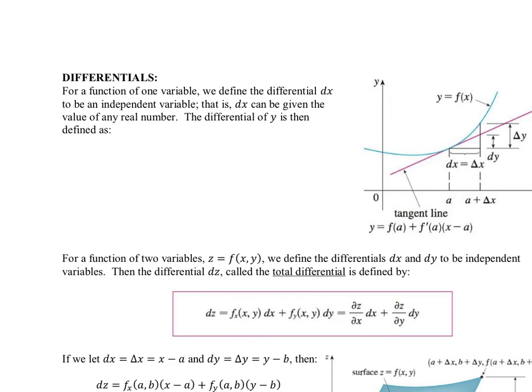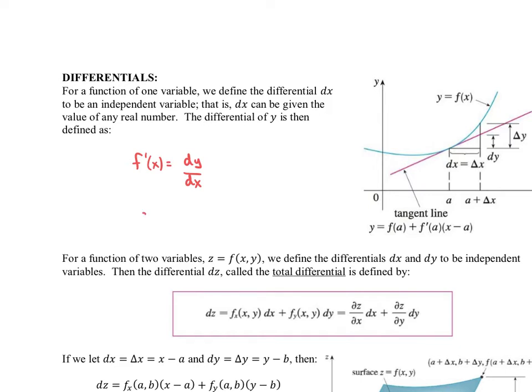Thinking back to single variable calculus, we talked about how our derivative f prime of x is equal to the notation dy over dx, and our differentials are going to be dy and dx. The differential dx, for example, is the change in x. dy is the change in y, so the little increment of change of each.